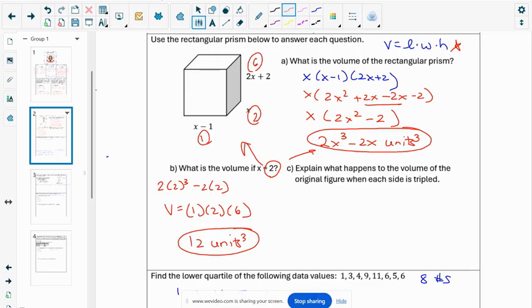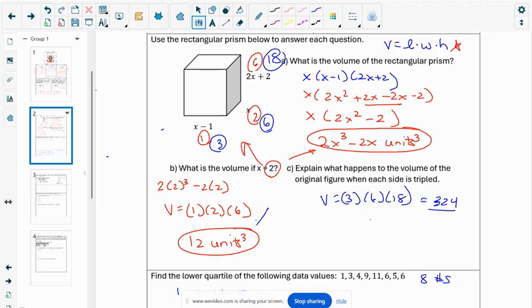Okay, what happens to the volume of the original figure when each side is tripled? So we've talked about this. If I just multiplied every side by 3, 3 times 1 gives me 3, 3 times 2 gives me 6, 3 times 6 gives me 18. And I multiply that, 3 times 6 times 18. That's going to give me 324. Now, it's not saying what is the volume, it's saying what happened to it.